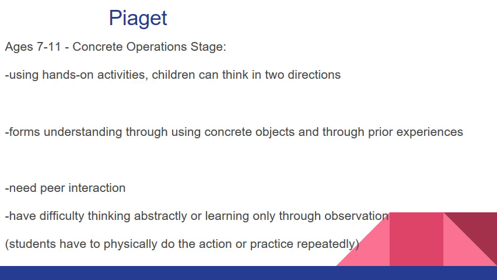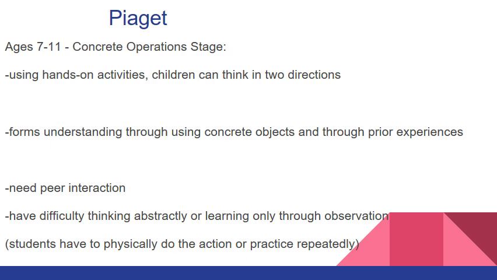They also begin to start to think in two directions, especially if they have the ability to manipulate their understandings with their hands or they're doing kinesthetic learning. Students, once again, need concrete objects such as sentence strips or letters or base 10 blocks to better understand concepts.